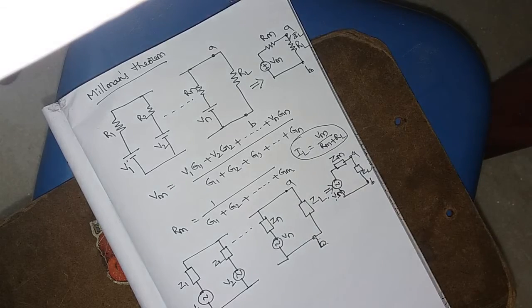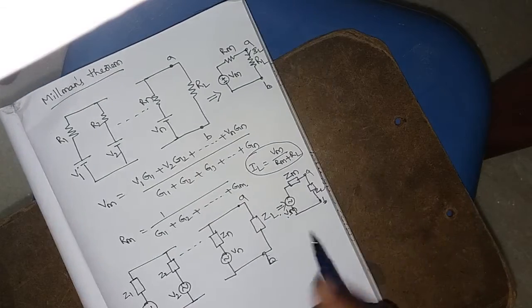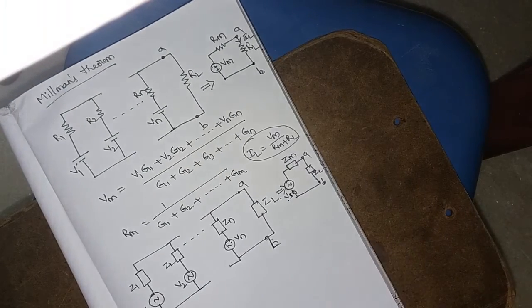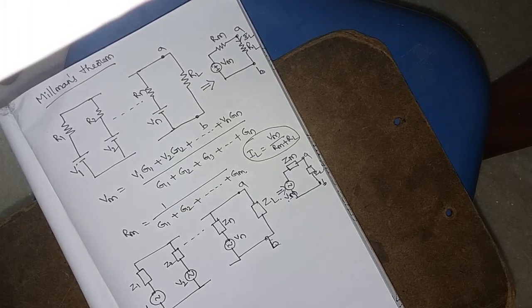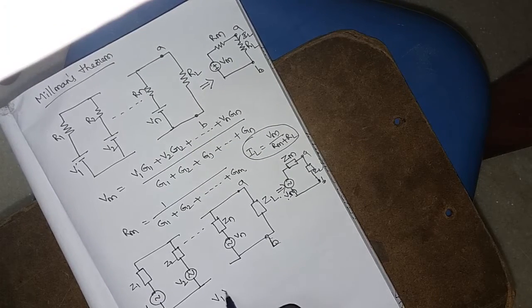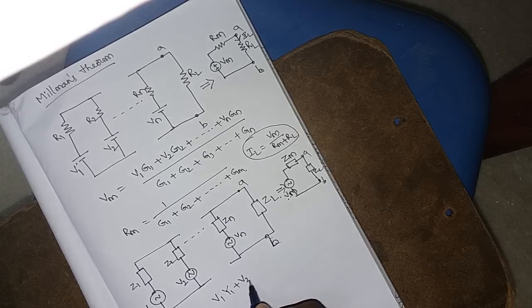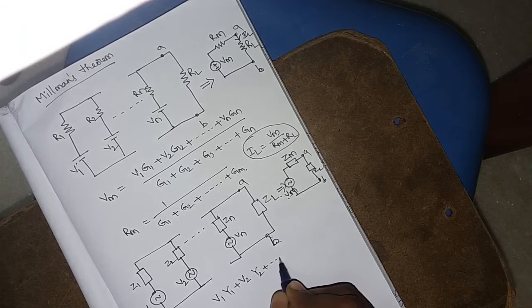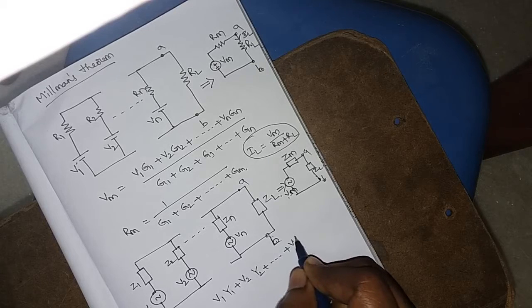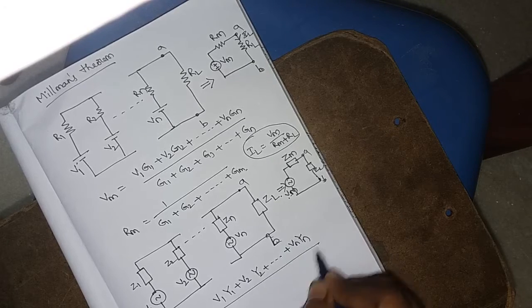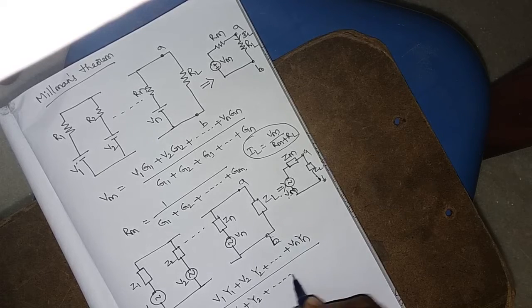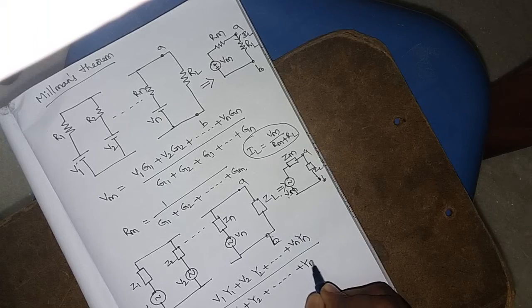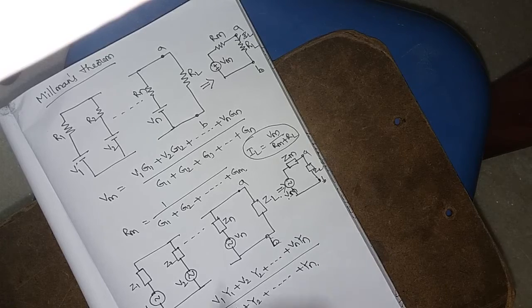Similarly, how much is IL here? Before finding IL, what is Vm? Vm is equal to V1 Y1 plus V2 Y2 plus so on plus Vn Yn, divided by Y1 plus Y2 plus so on plus Yn.